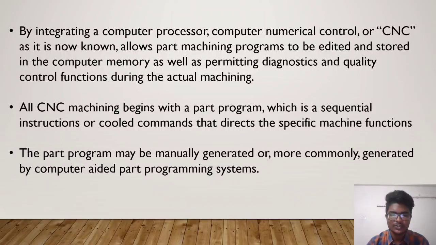All CNC machining begins with the part program, which is a sequence of instructions or coded commands that direct the specific machine functions. The part program may be manually generated or, more commonly, generated by computer-aided part programming systems.